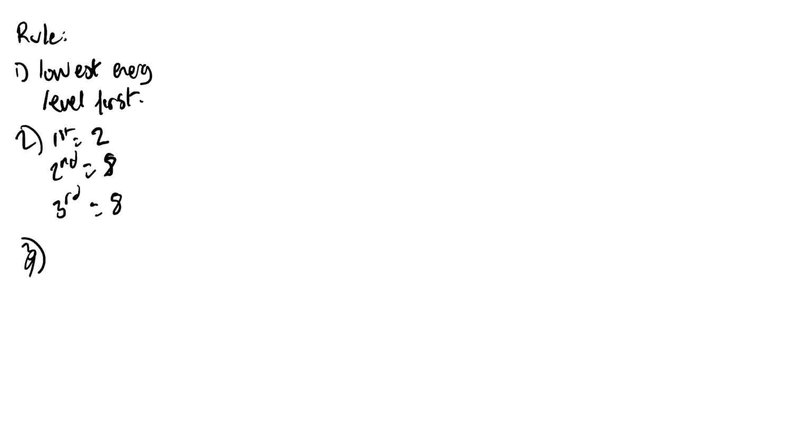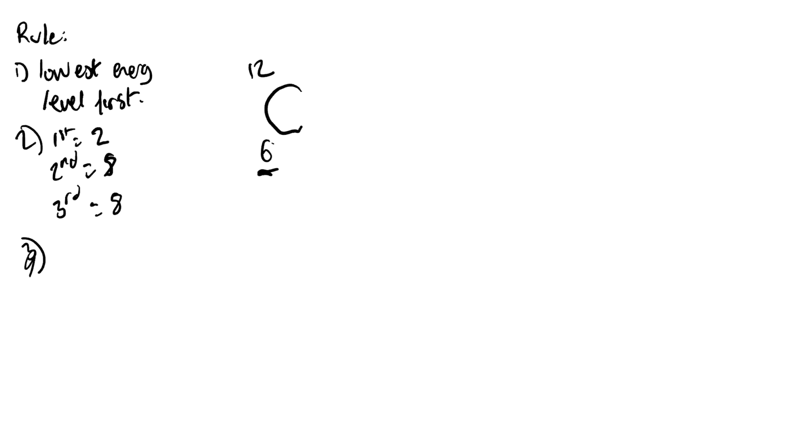Okay, so we're going to draw the electronic configuration for carbon. First thing we need to do is find carbon on the periodic table. Carbon on the periodic table will look like this. Now you'll remember from a past video that we can work out the amount of protons and electrons by looking at the proton number.